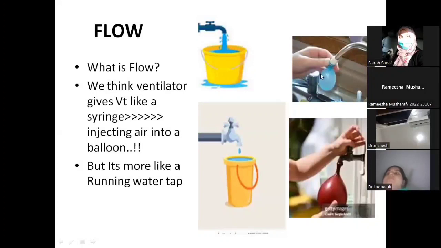It will start distending, filling at a rapid pace. And then after a certain time, as you can see in the second one, the filling will be constant. It will reach a plateau.